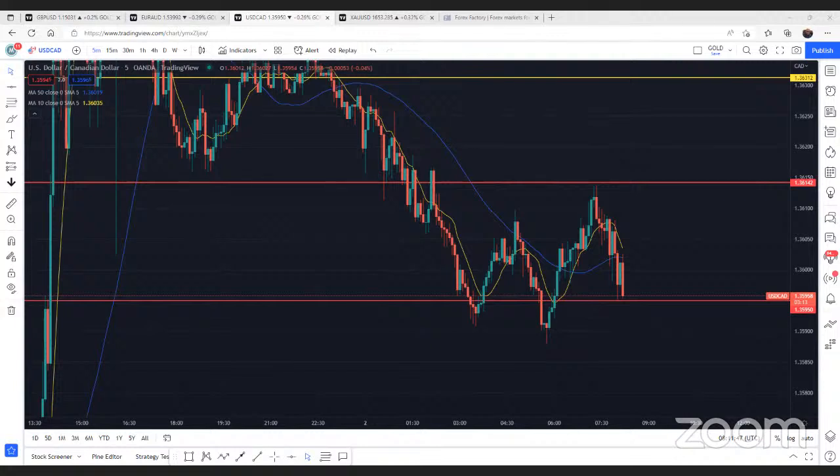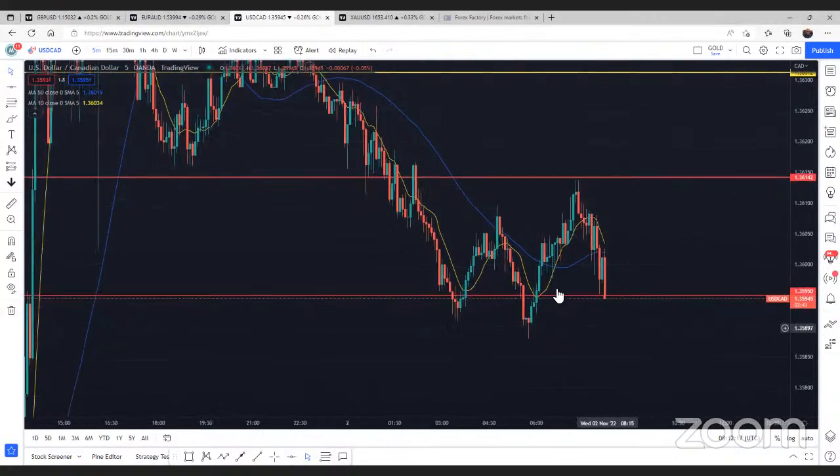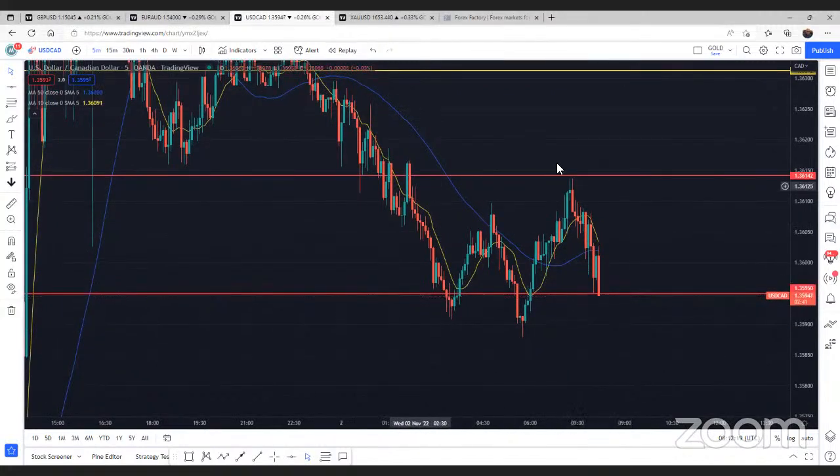So as usual, the plan is to wait for the price to break out of this zone. There's indecision around here, some sort of consolidation. So we want it to break out before we get in.